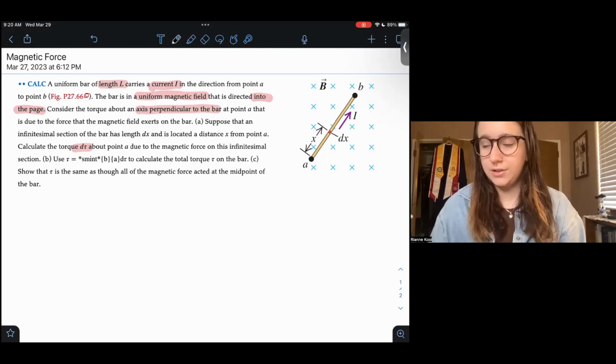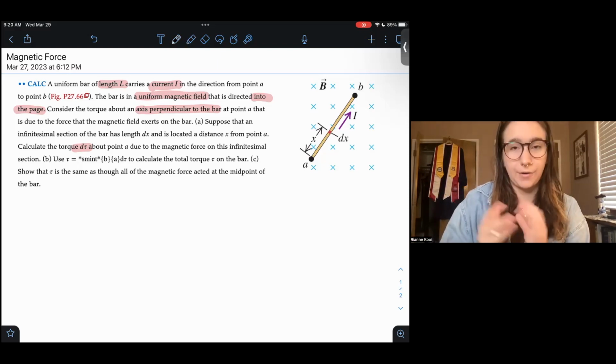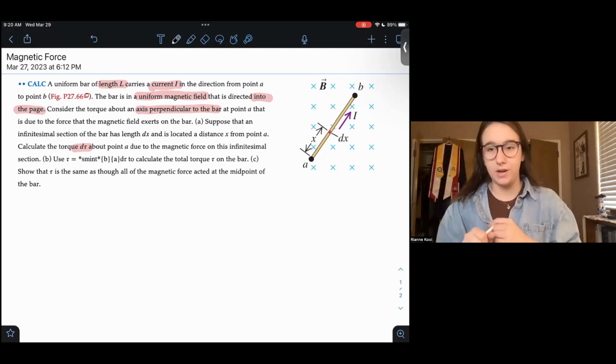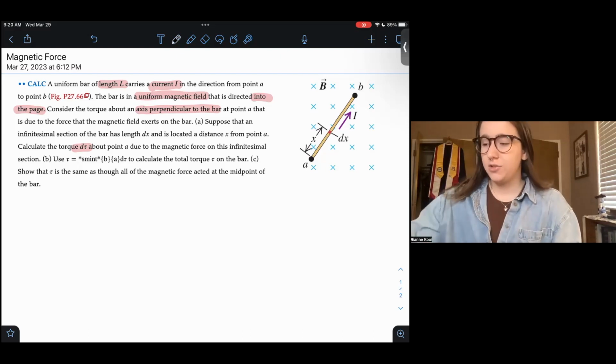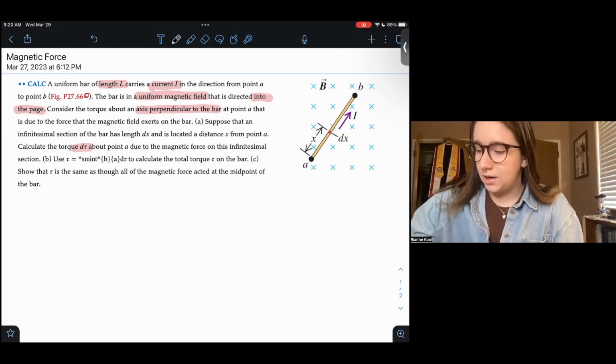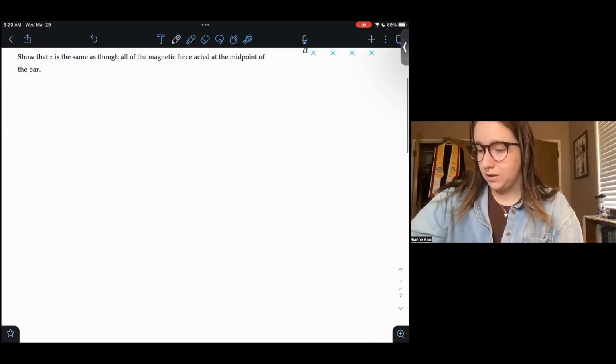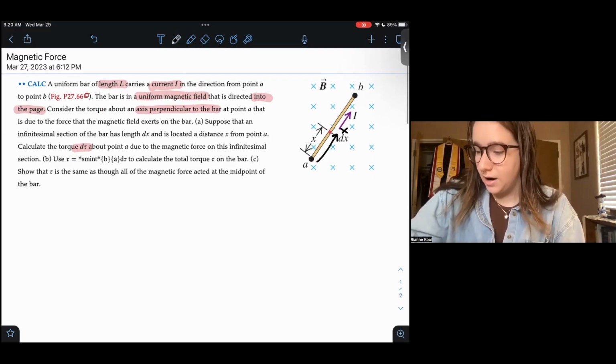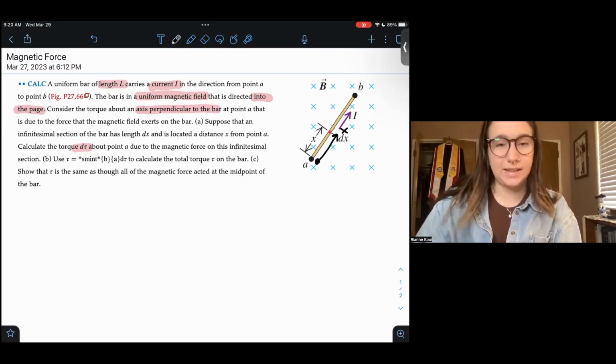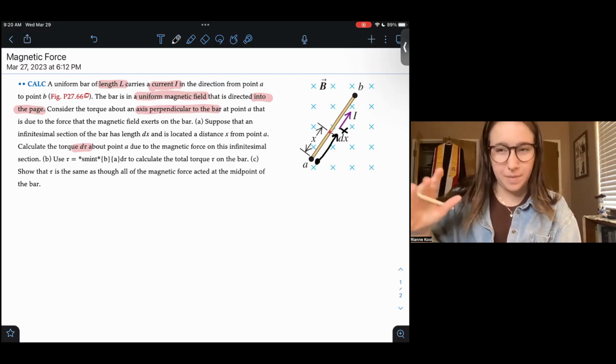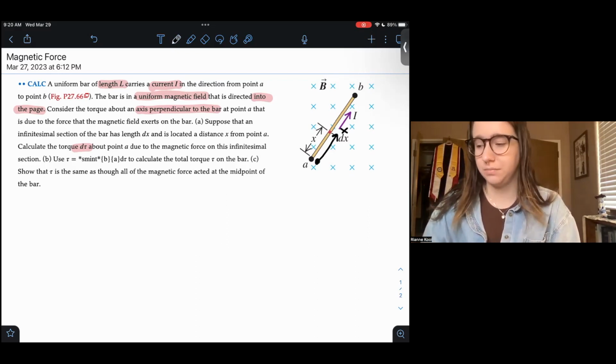So let's start first with our coordinate system, because that's going to be very important. I'm going to say that this is our x direction, and that our origin is right by A. So that's our x direction.